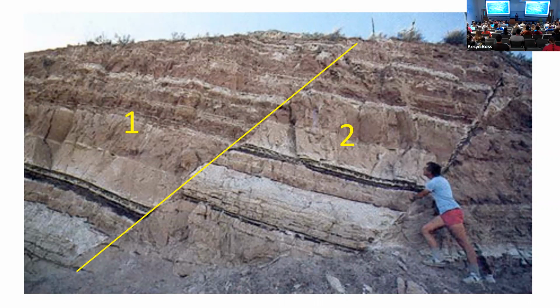Okay, all right, you guys, which one is the hanging wall? Number 1, good job. So is the hanging wall going up or going down? So what kind of a fault is this? So again, it's a normal fault. Now that happens, and that is a pain in the neck.